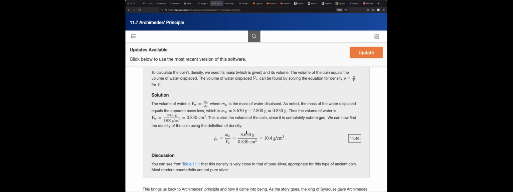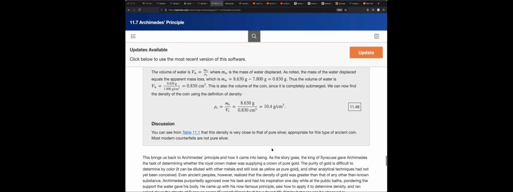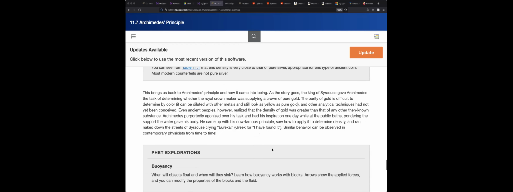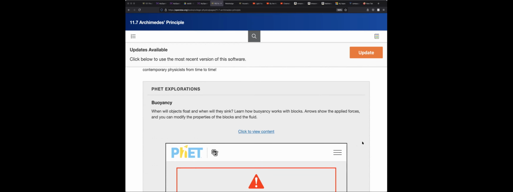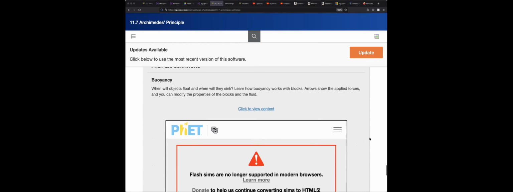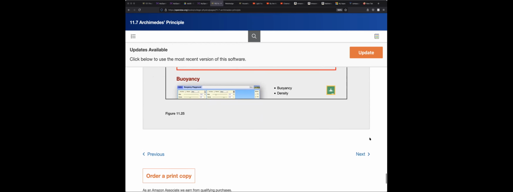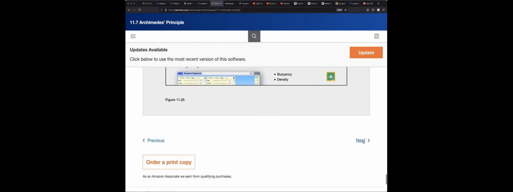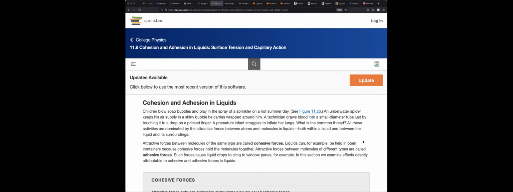And you can calculate how much by calculating how much volume it should have been, and then figure out how much volume of silver they mixed in. And it turns out that Archimedes discovered that the goldsmith had mixed in some silver, and the goldsmith lost his head. So anyway, that is Archimedes' principle.